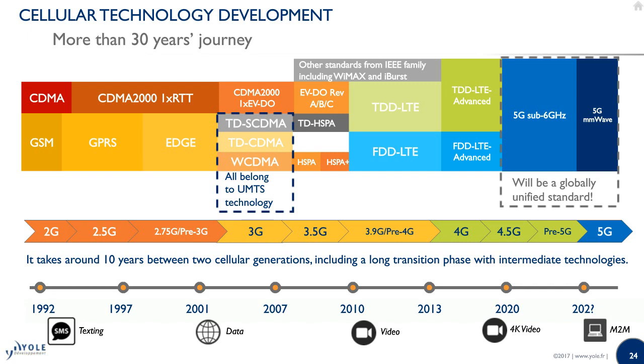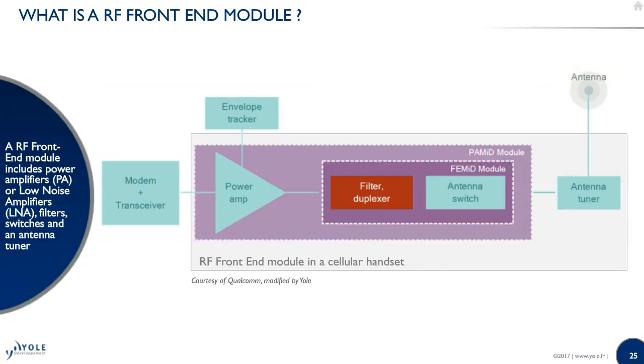So now if we look at the front-end module, as Stefan explained earlier, what we call the front-end module is very simply all the components which are between the antenna of your system and the treatment of the information, like the baseband or the modem, the transceiver doing the analog to digital conversion and vice versa.